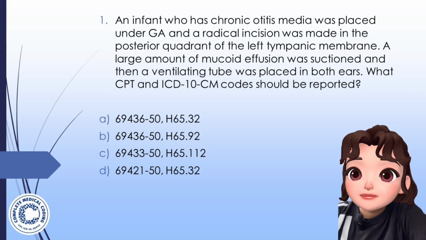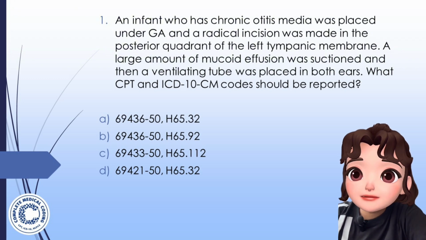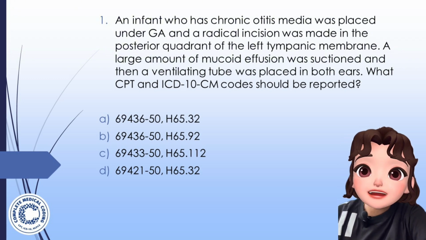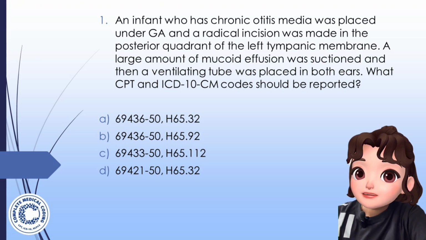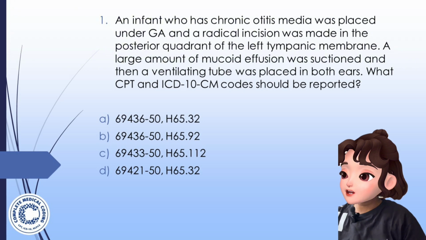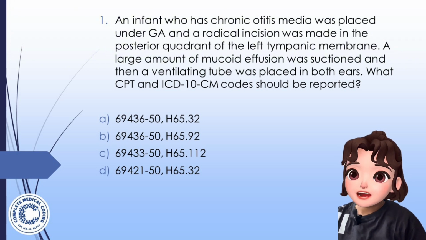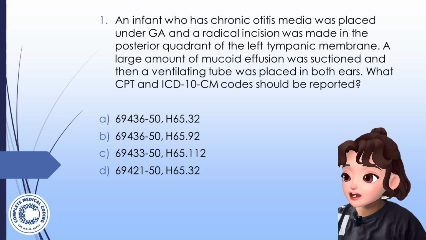Okay, so let's go to the CPT code. What is the CPT in option A? 69436. What is the CPT code 69436? 69436 represents tympanostomy requiring insertion of ventilating tube under general anesthesia.